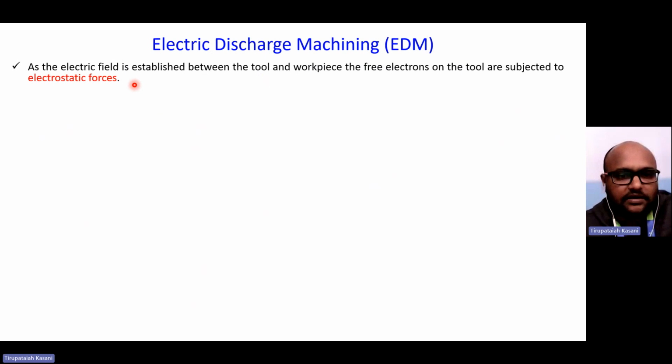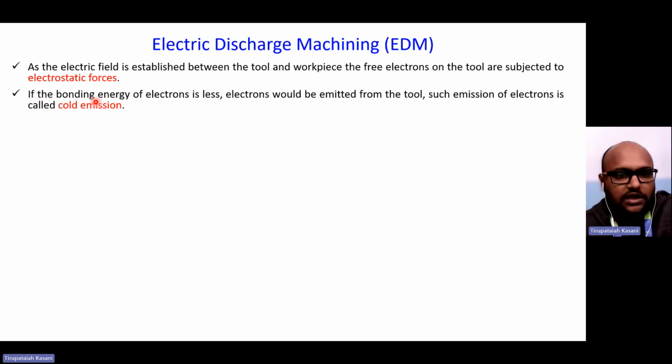As the electric field is established between the tool and the workpiece, the free electrons on the tool are subjected to electrostatic forces. This is the well-known basic point. If the bonding energy of electrons is less, electrons would be emitted from the tool. As I have shown, after the power supply, initially most of the electrons, the negatively charged ions, are accumulated on the tool side, and positive ions are accumulated on the workpiece side.